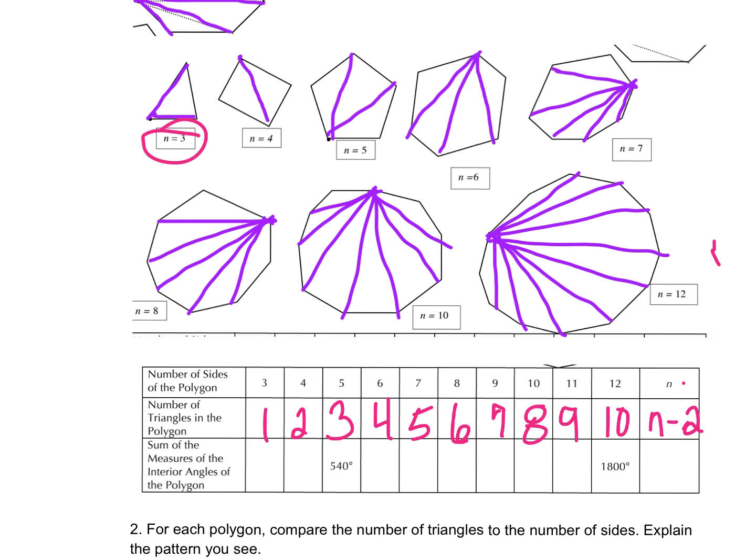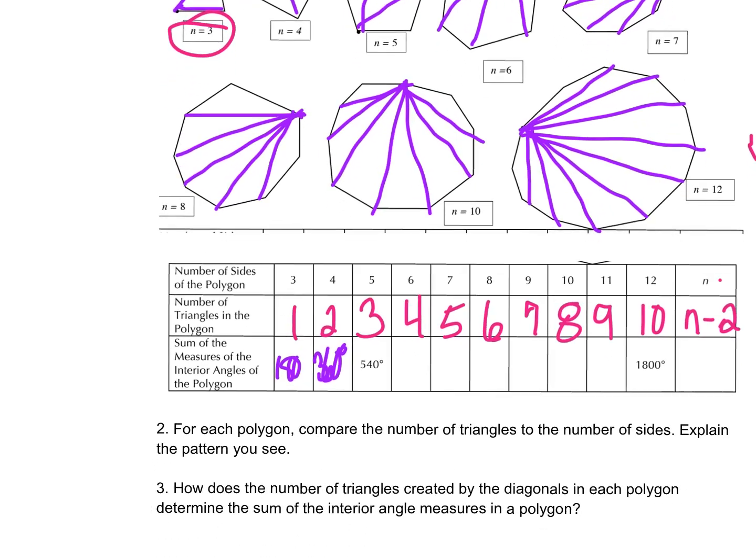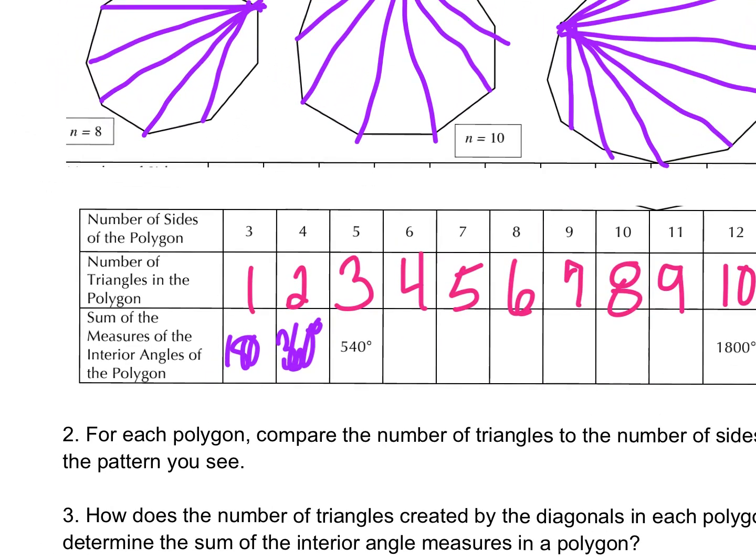Now, how many degrees are in a triangle? Well, we all know that's 180. So when we talk about the square, we see 2 triangles, so all those angles have to add up to be 360. And if there's 4 triangles, they should add up to be 720. And 5 triangles would be 900. And then 1080.